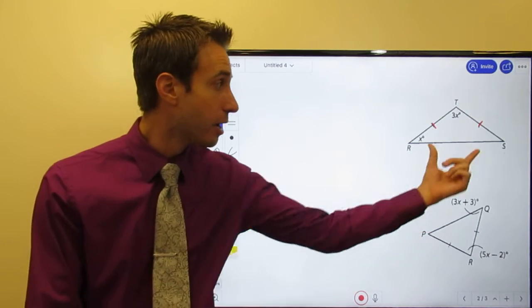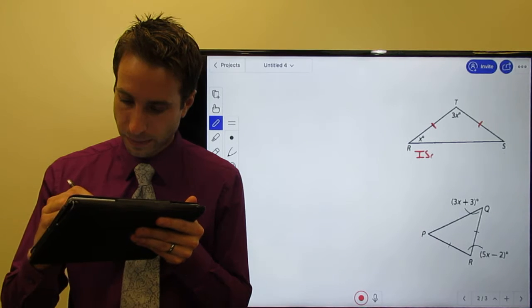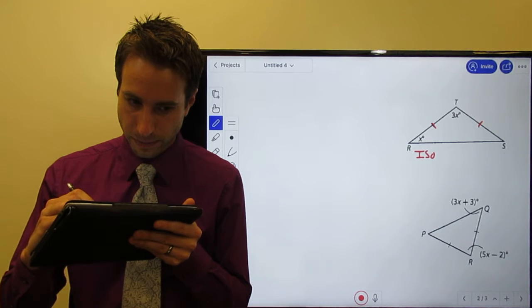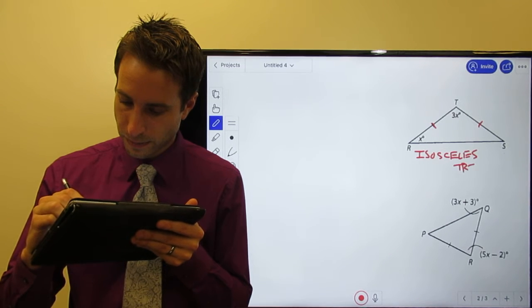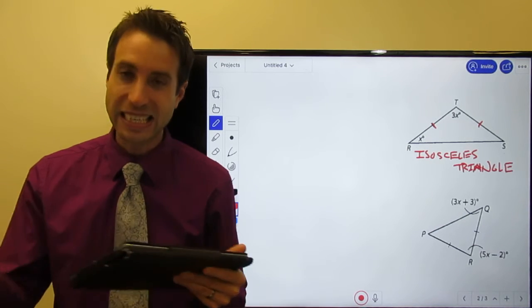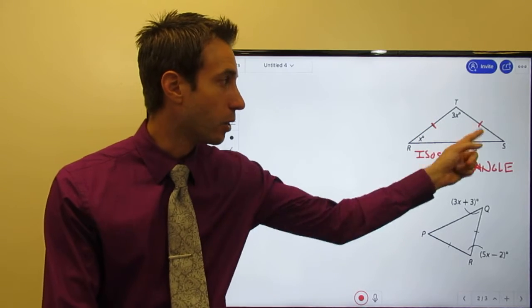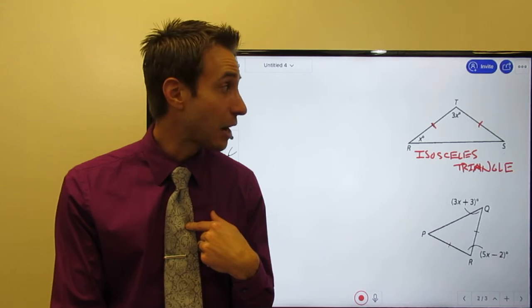How do I know that? Two of the sides are congruent. Now keep in mind, what does that tell me?